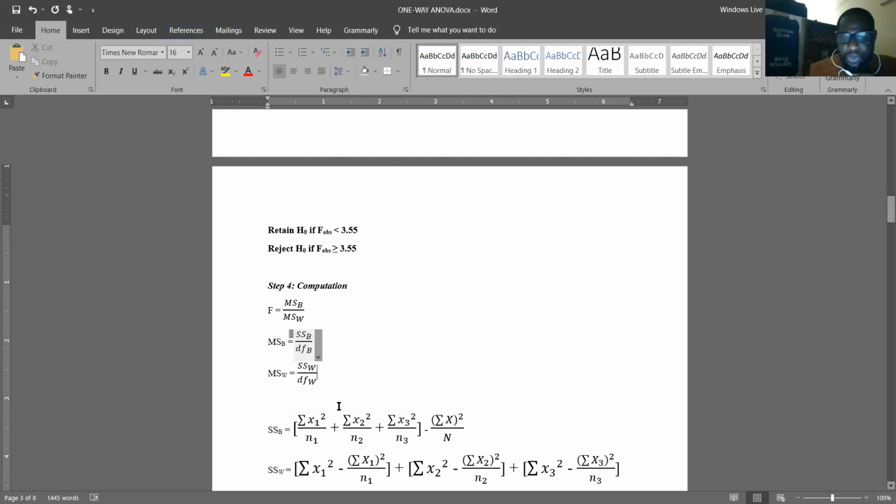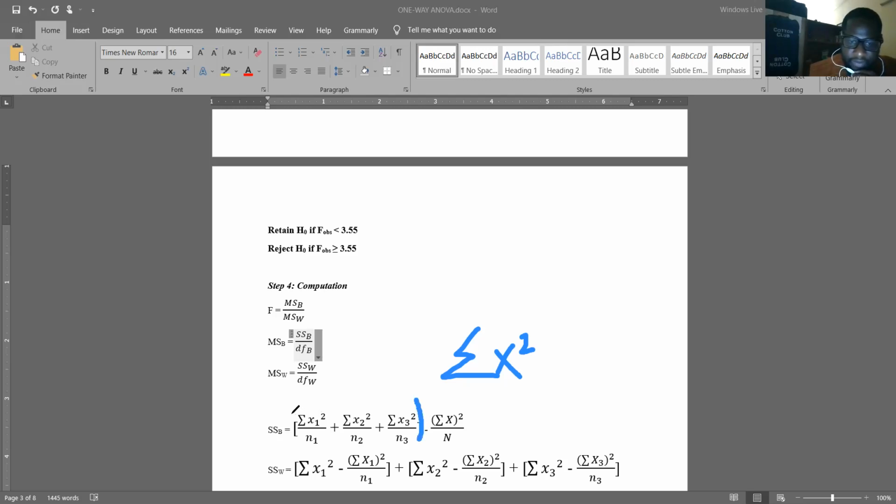When you check sum of squares for between, basically what they are telling you is to solve for this sigma x squared for all the groups. That's what this formula is all about.